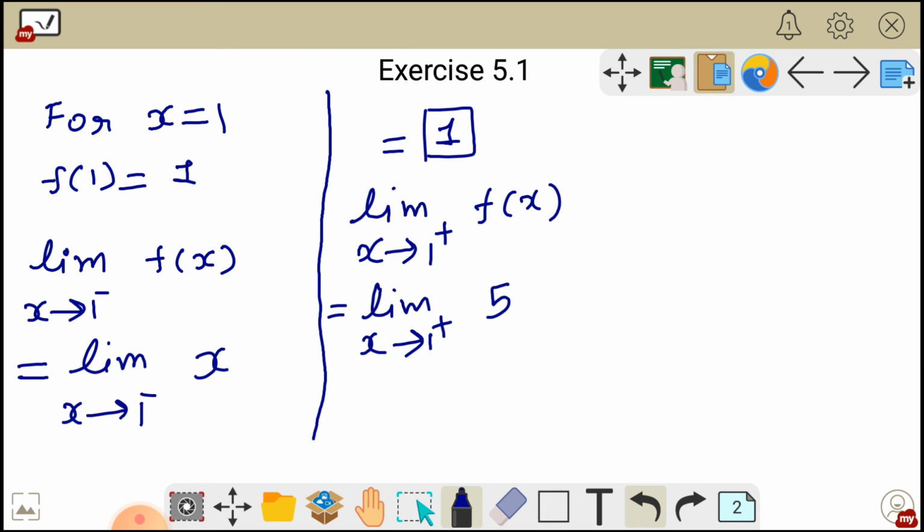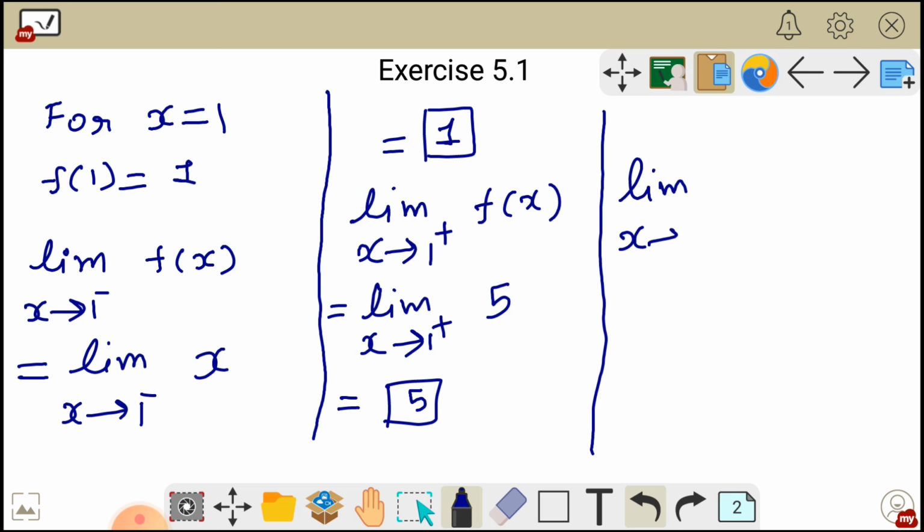Which is equal to 5. So as you can see here, our left limit and our right limit do not coincide with each other.